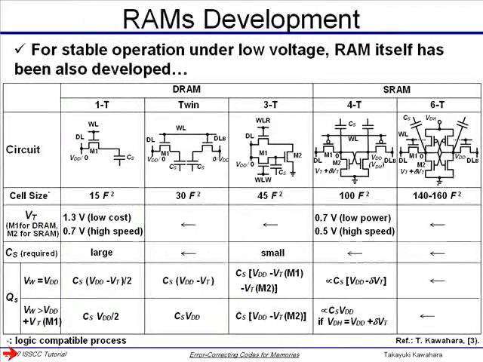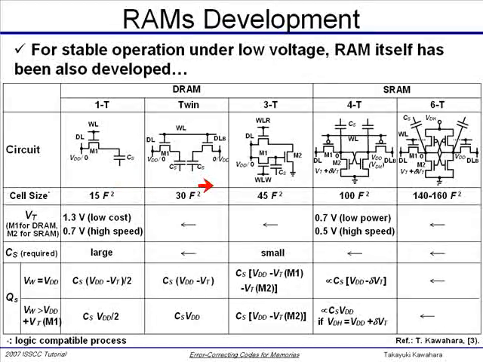Of course, we memory people try to keep up with these trends with many ideas. This is a rough sketch of the ideas. Now the DRAM is a 1T cell and SRAM is a 6T cell, but there are reports of other kinds of memory cells.